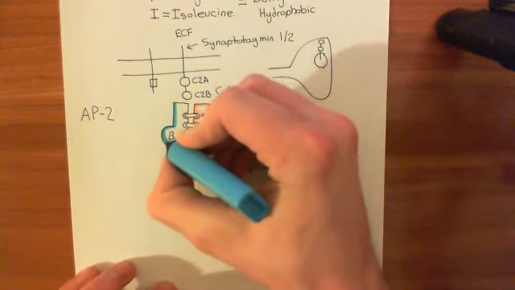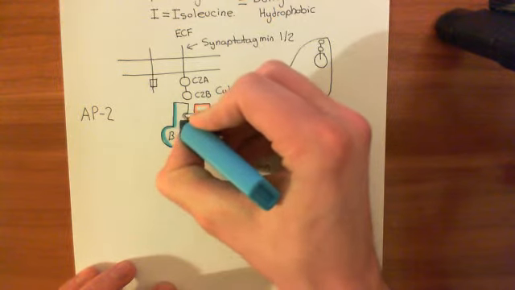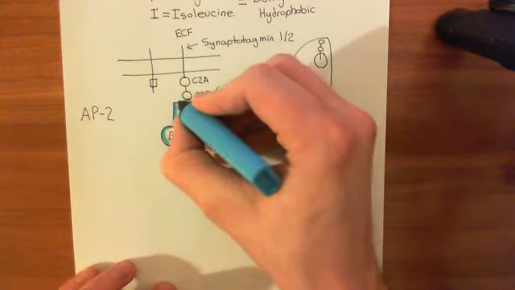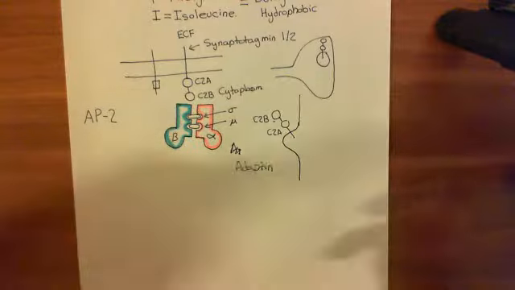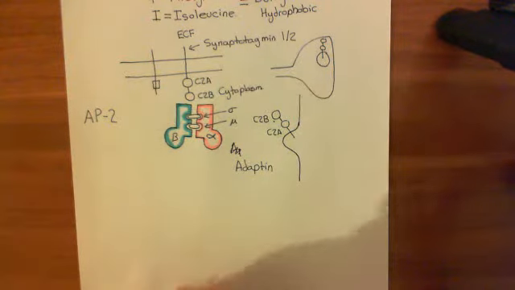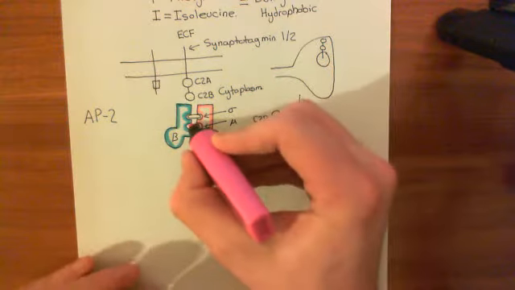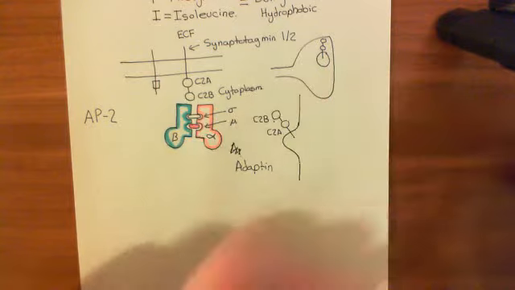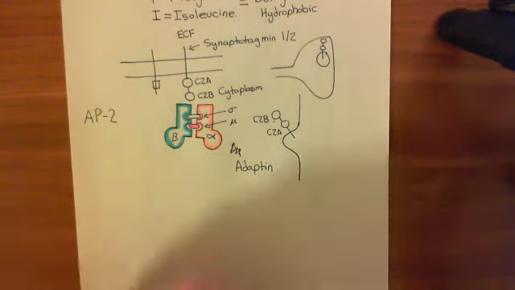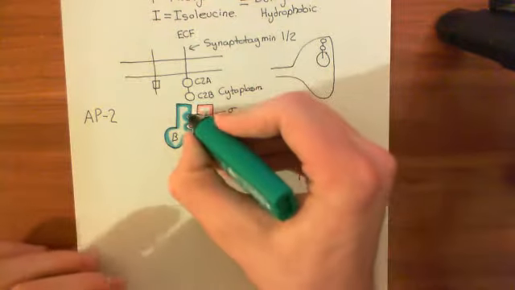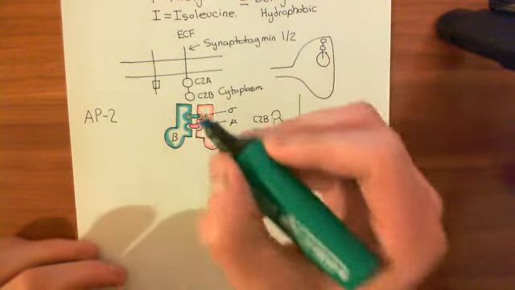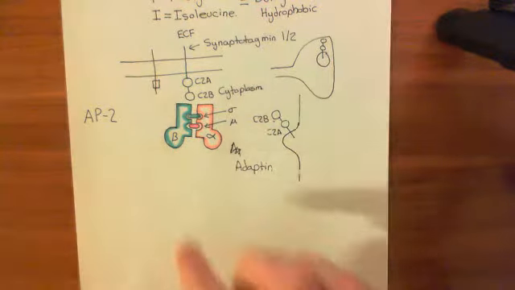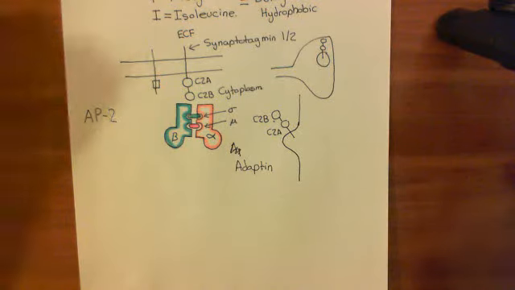So here is the beta adaptin protein in blue, or outlined in blue anyway. And in purple, we'll have the mu adaptin protein, which sits in the middle there. Okay, and in turquoise, we'll have the sigma adaptin protein, which sits in the middle there. Okay, so this overall is the adaptin protein complex 2.